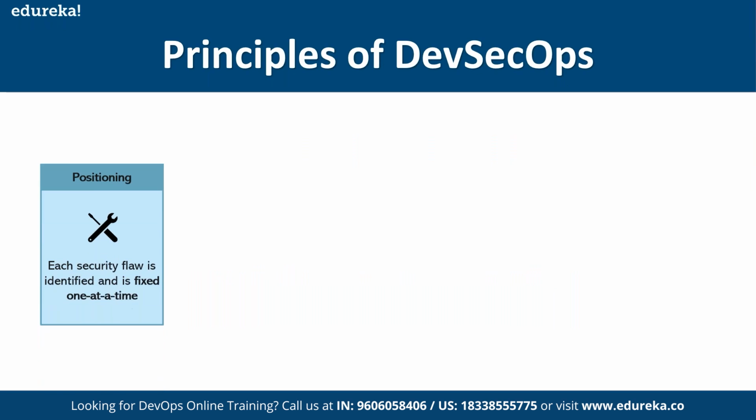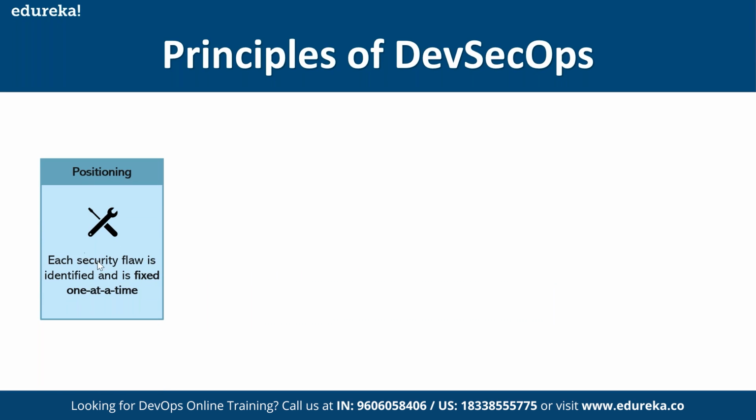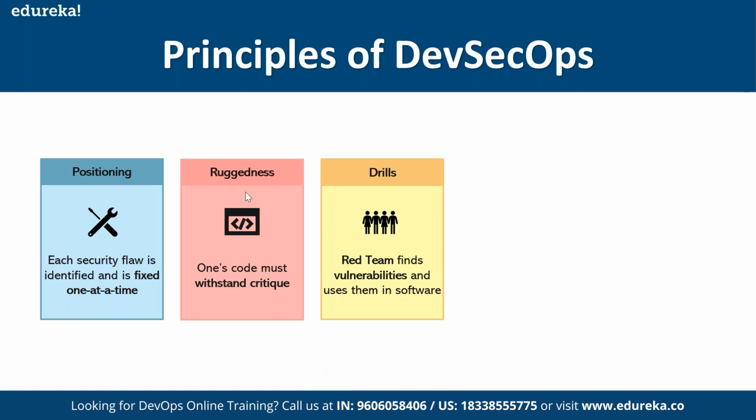Now, principles of DevOps. Positioning: each security flaw is identified and fixed one at a time. Whether it's development level flaws or deployment level flaws or infra level flaws, they should be found and fixed. Ruggedness: one's code must withstand critique, so all the vulnerable things should be identified on time.